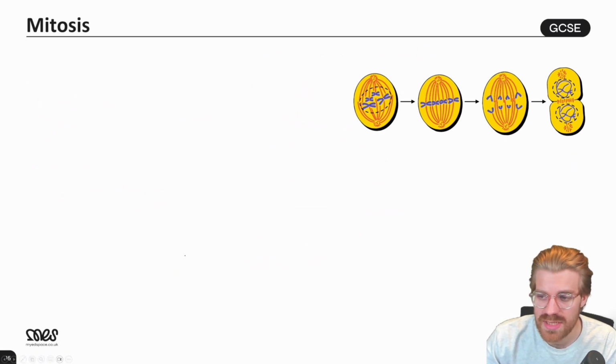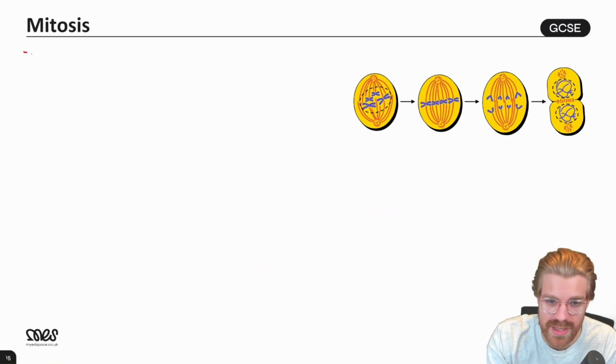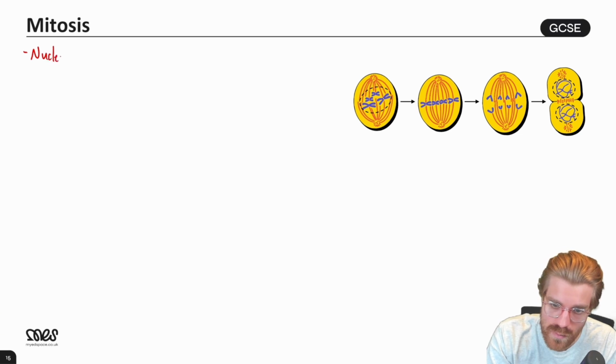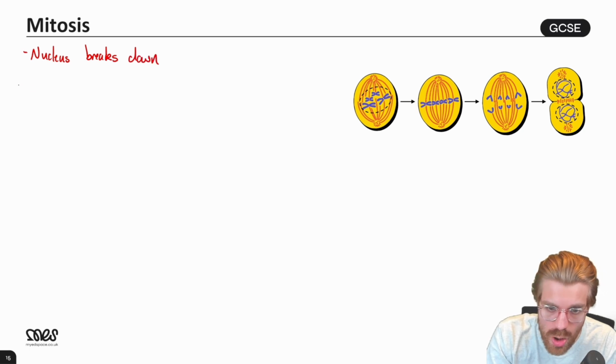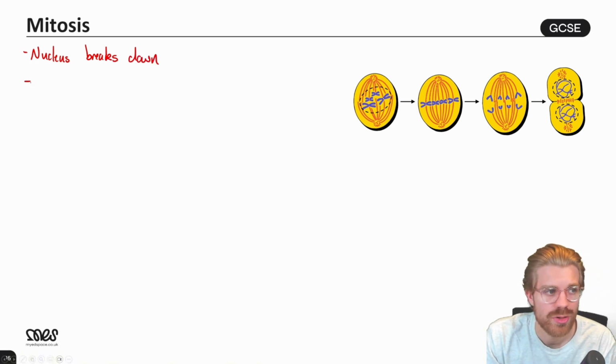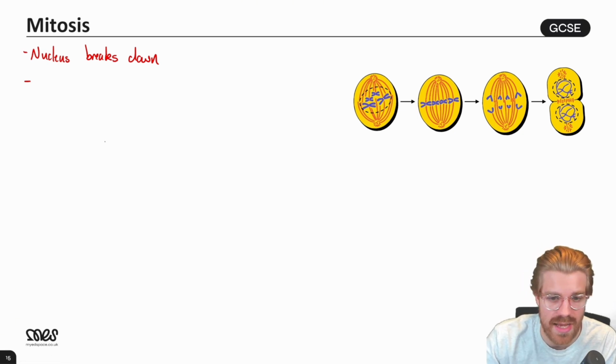So, mitosis starts with the nucleus breaking down. Once the nucleus breaks down, the chromosomes are able to line up on the equator of the cell.